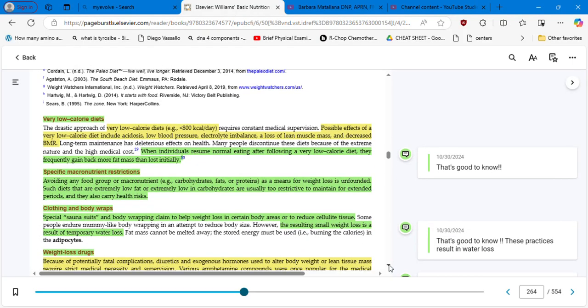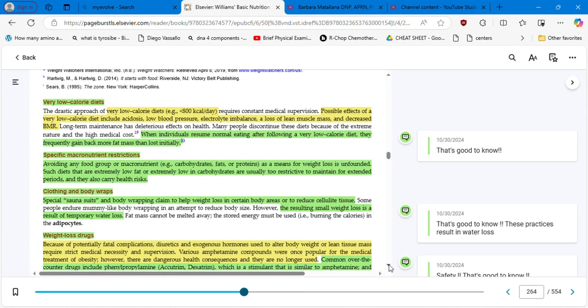Now we have very low caloric intake diets. These are diets where the patient is eating less than 800 calories per day. Possible effects of a very low caloric diet include acidosis, low blood pressure, electrolyte imbalances, a loss of lean muscle mass, and decreased BMR, basal metabolic rate.